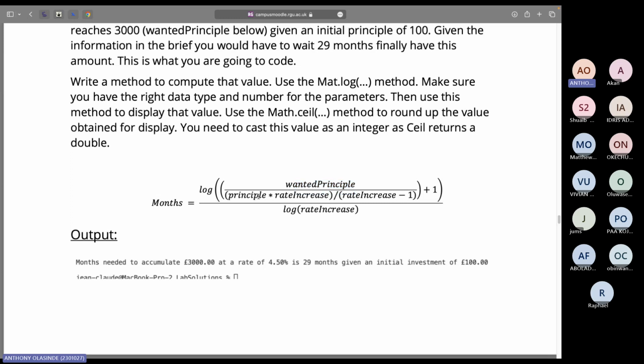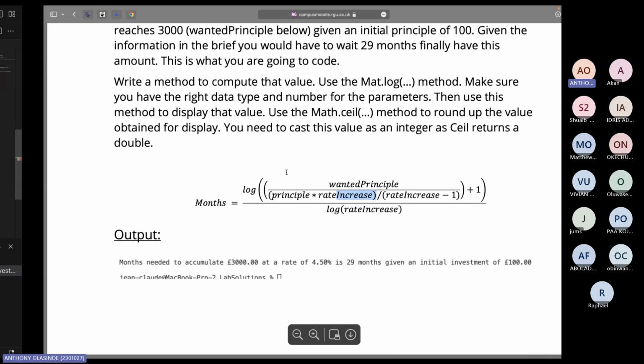If you write it the way they wrote it here without introducing a new bracket, you have wanted principal times rate increase minus 1 over just this one. That is not what you want. You want both of them. So you need to be careful.